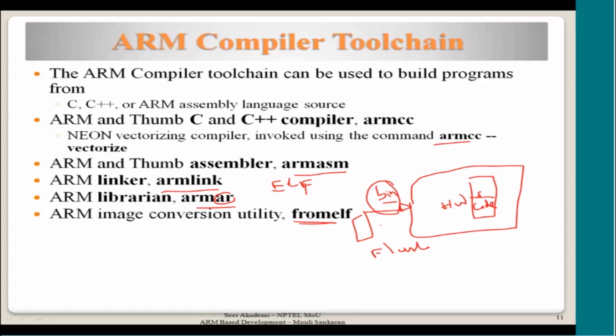So that may need a format different from what this linker generates, or the executable that comes out of the ARM tool. So there is an ARM tool which converts that ELF format to a compatible binary format, which could be understood by the flashing device, or maybe a loader, to load into the hardware. The image has to be finally put into that.